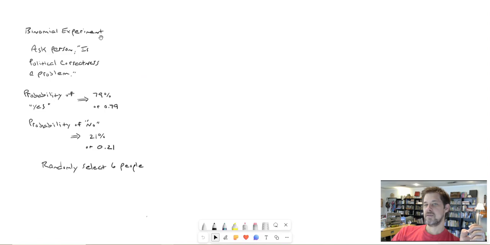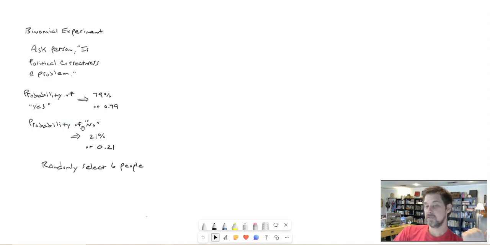So let's say that we know how to recognize a binomial experiment when we see one. In this case, our binomial experiment is we're going to ask a person, do you think political correctness is a problem or not? And they're going to say yes or no. The probability of yes, given the information in the question, is 79% or 0.79 as a decimal.